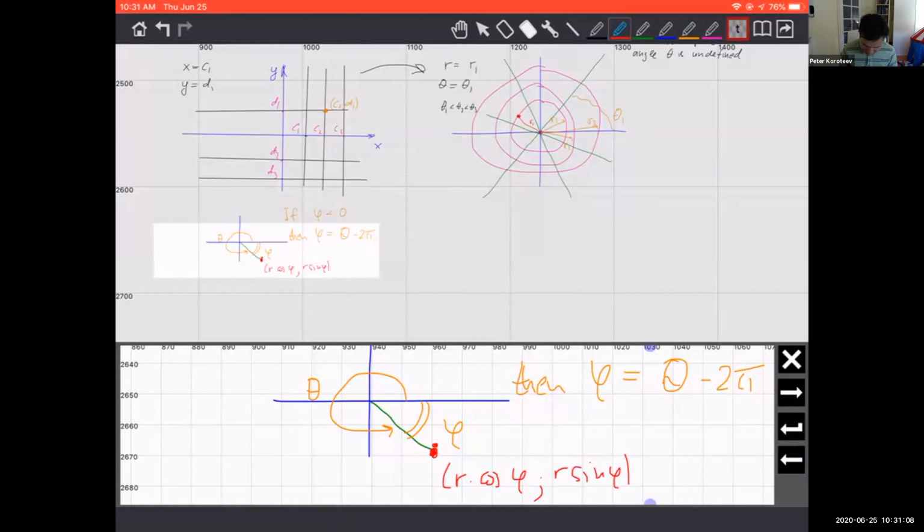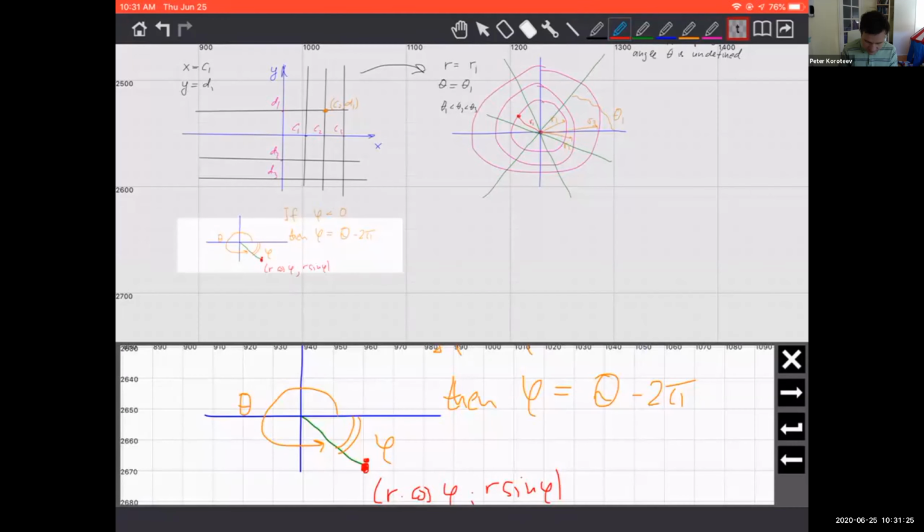And because sine of phi is negative, it doesn't matter if you substitute phi or theta minus 2 pi, it will give you the same answer. It will be described by the same point. So sometimes it's convenient to use negative angles, but we also know that you can always replace it with a positive angle that goes around, which is bigger than pi.